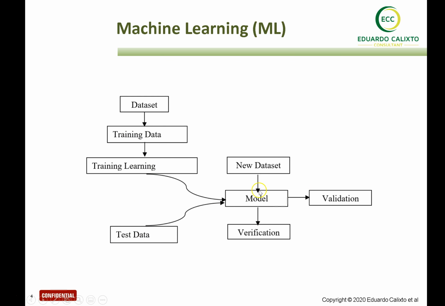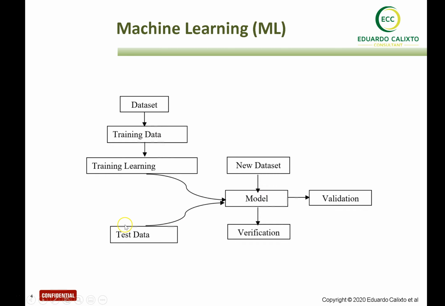In this case, we are considering the neural network. Then we use 70% of our data set, the training data, for the model learning. So that's what we call training or learning. And then, of course, after the learning process, the model will predict an error based on the training data set.